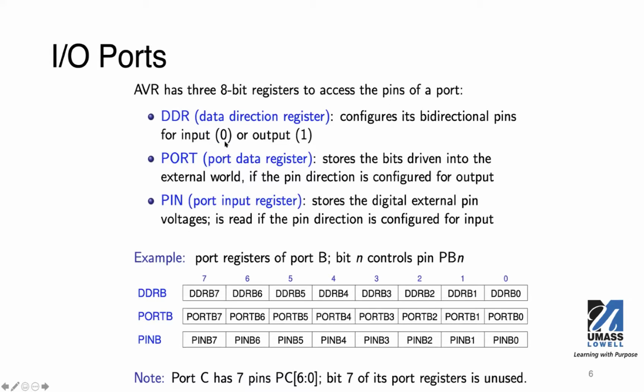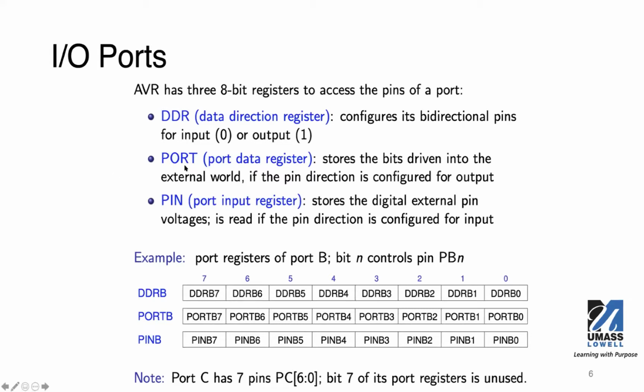Now note that these 0s and 1s for input or output can be different from processor to processor or from microcontroller to microcontroller. For example, in PIC microcontrollers, they use 1 for input, 0 for output, which I think is more intuitive because 1, that's an I, and 0, that's an O. But you want to just make sure that you understand clearly what value represents input, what value represents output.